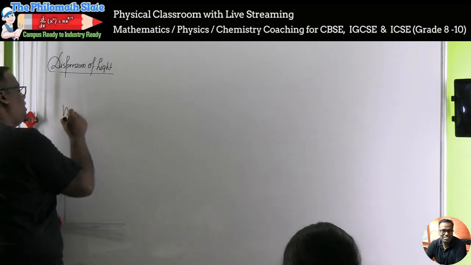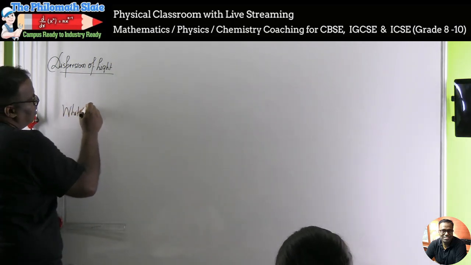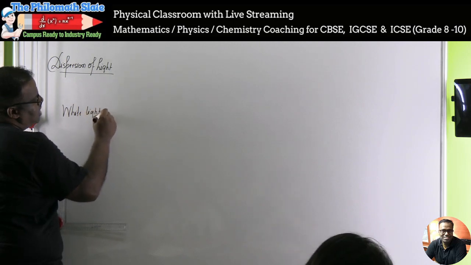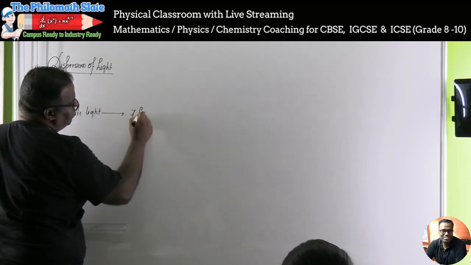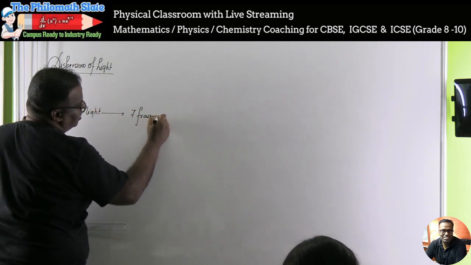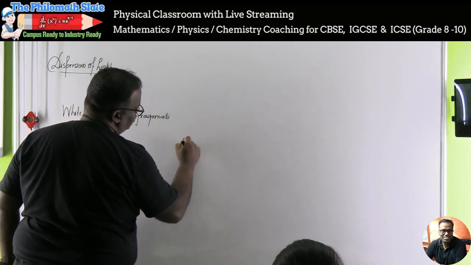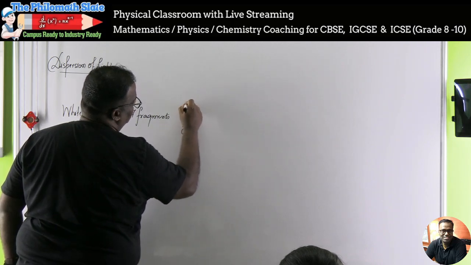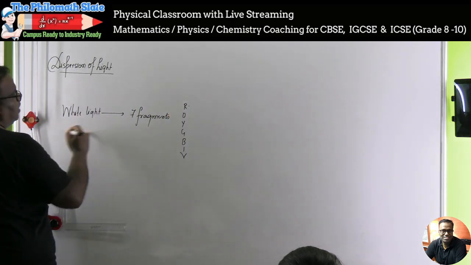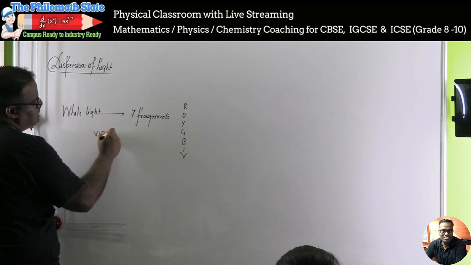So the white light that you see is actually composed of 7 fragments, right? The colors from the bottom are VIBGYOR. And if you see it from ultraviolet to this side, then it is VIBGYOR like this.